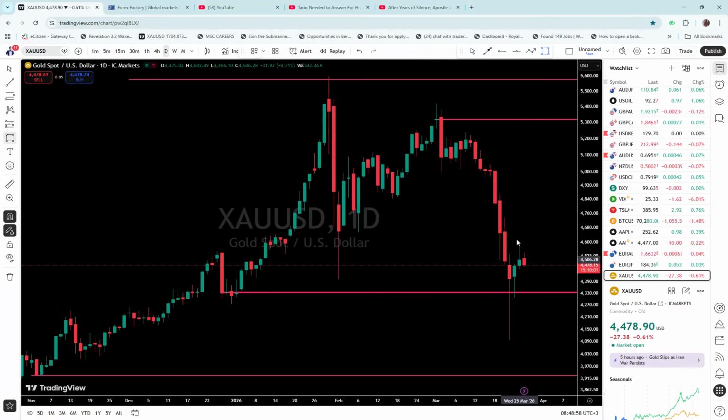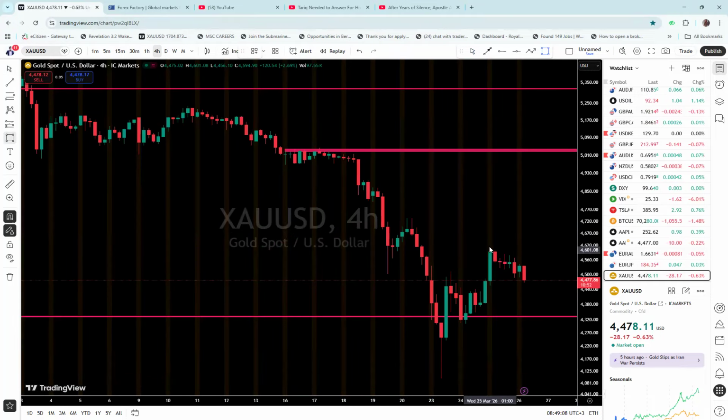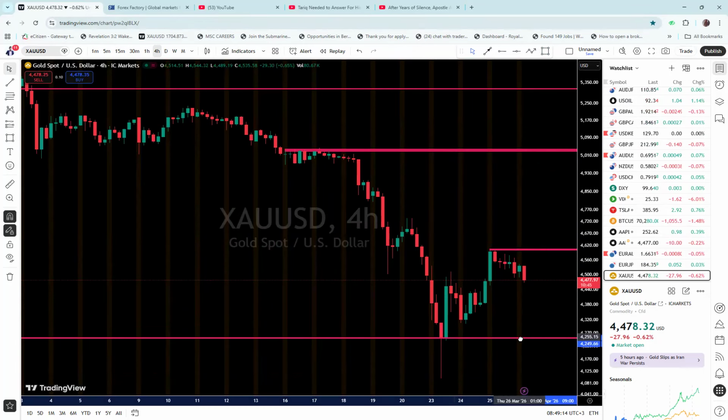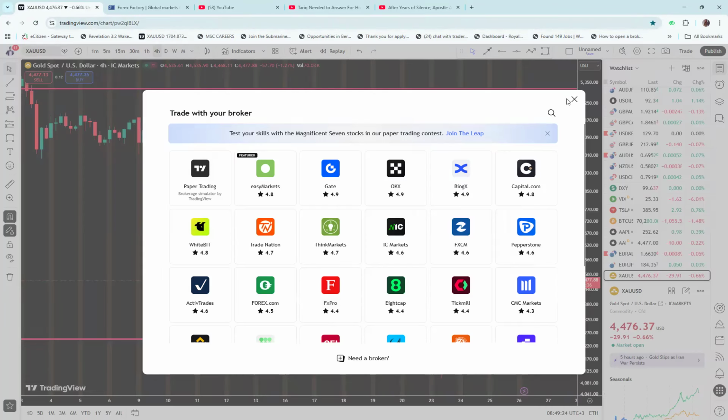We still have this as the daily high, daily low. Go down to 4 hours. That's where we can see we have a safe area for 4 hours resistance. Readjust this one, get a 4 hours support over here.